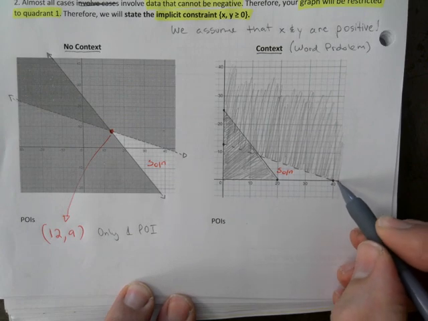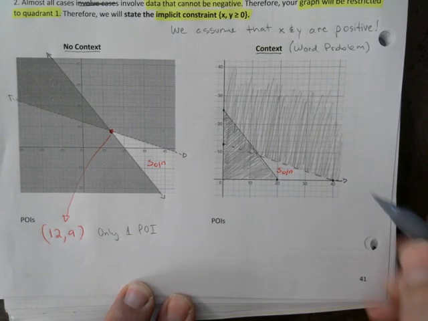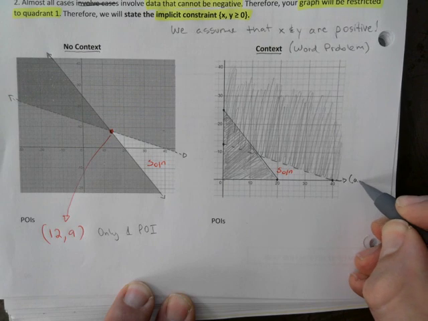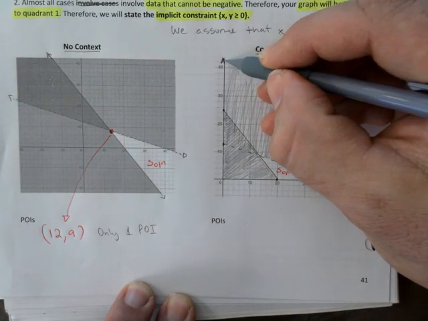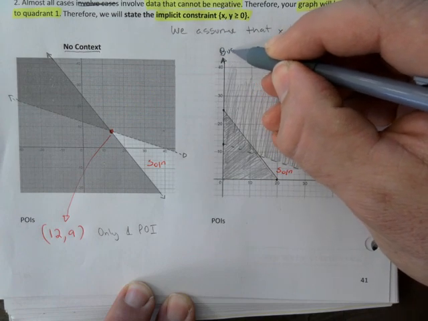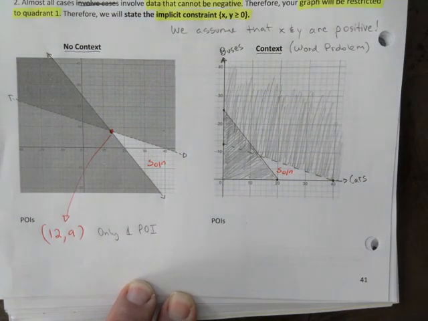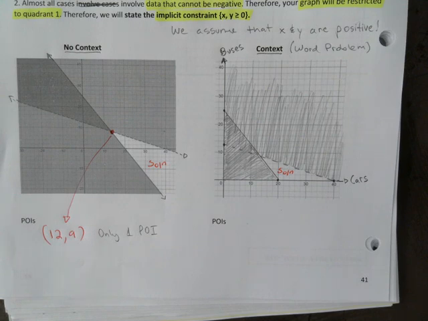And let's just call this, I just want to give it a context. Let's call this, we're comparing cars to buses. Just making that up, right? So cars and buses. Now we know there's a context around it.